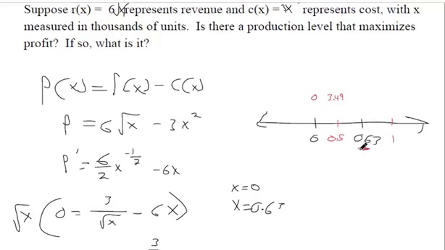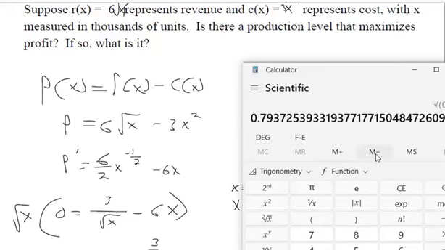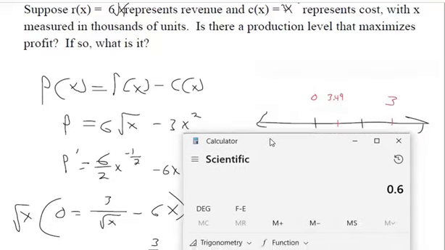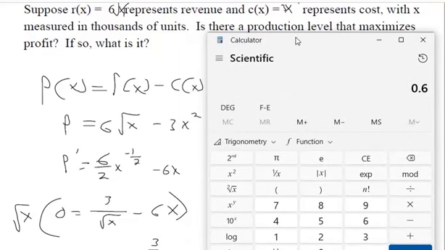Let's plug in a number to the right of this. If you plug in 1, that's 6 minus 3 makes 3. So if you plug in 0.63, our other critical point, we take the square root of it times 6. And then we got 0.63 squared times 3.